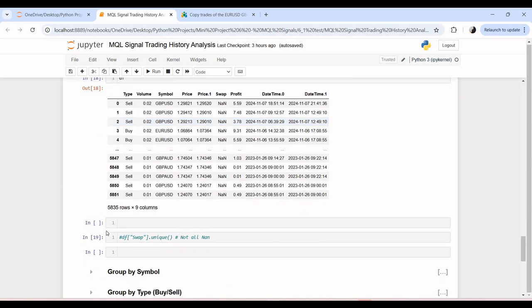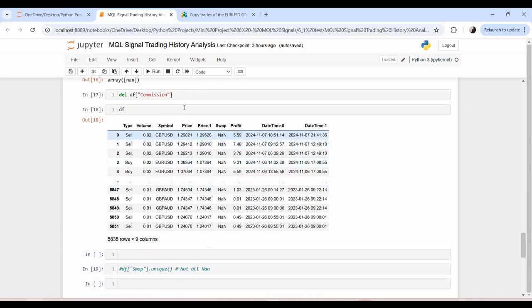And here I did also confirm that there are some swaps, so there were some overnight trades on this account, so swap is not a column we want to remove, so we've left it there. And then finally our data frame is here with our formatted data and unnecessary columns removed.